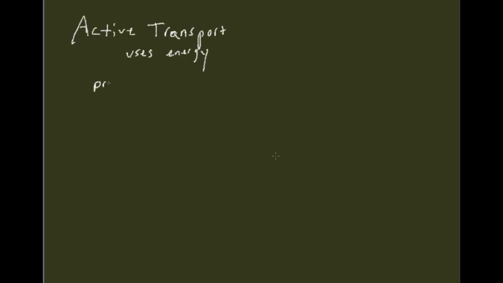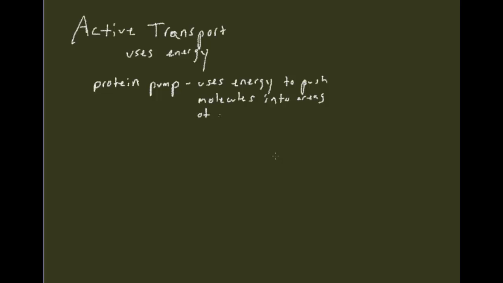An example of this might be what's called a protein pump. And without getting into the details of how it happens, a protein pump uses energy to pump or to push molecules into areas of high concentration.